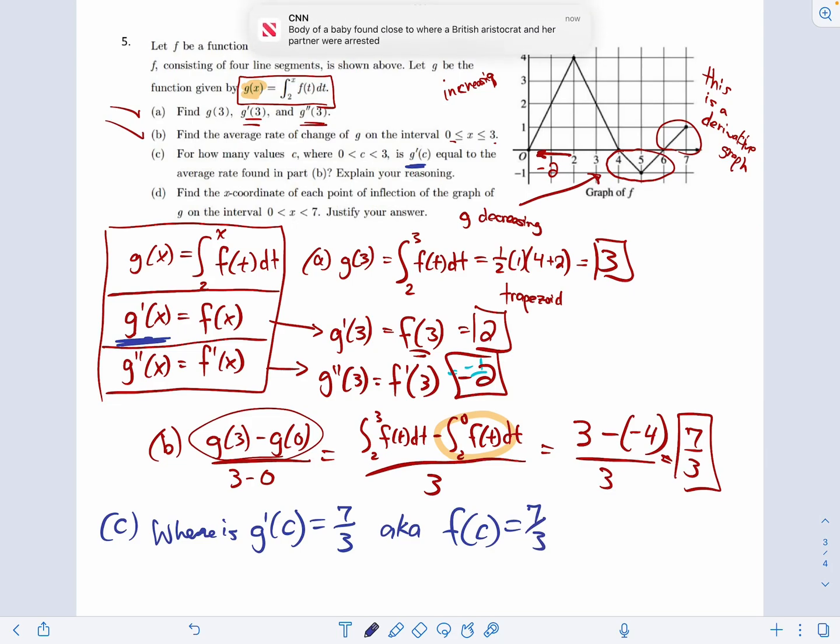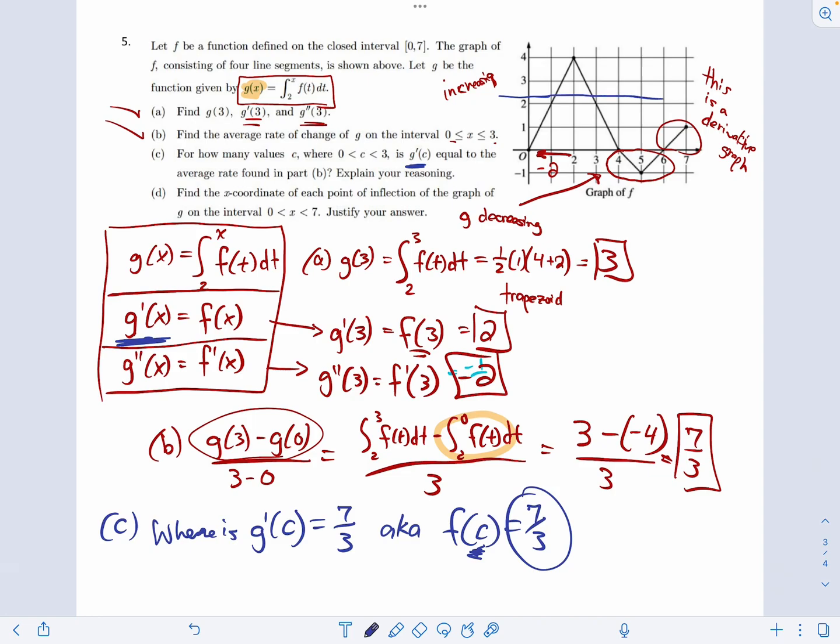And we have the function right up here. Let's look and see what inputs yield an output of 7/3. Our eyes go up and say the input is going to be C and the output is 7/3. That's 2 1/3. That is right on this line. It looks like there are 2 of them, right?